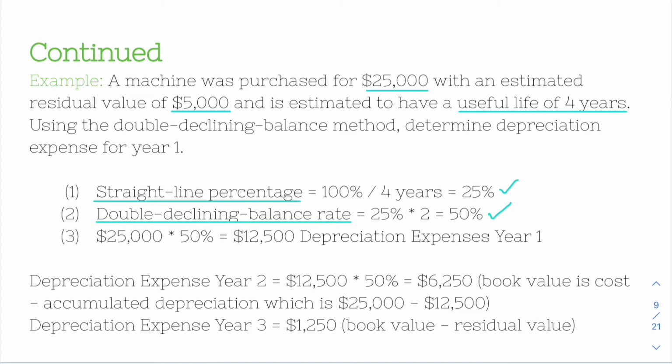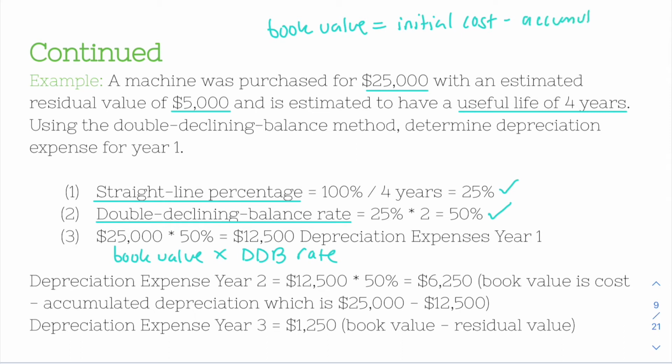And then the third step, we are multiplying the book value times the double declining balance rate. So that is going to be $25,000 is our initial book value, because if we remember, book value equals the initial cost minus accumulated depreciation.